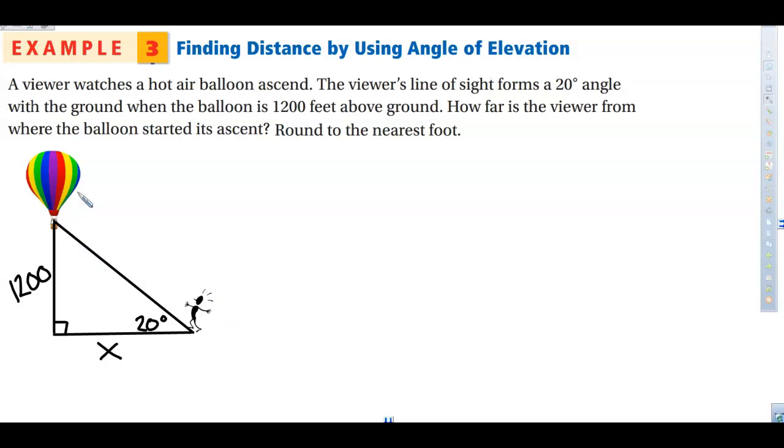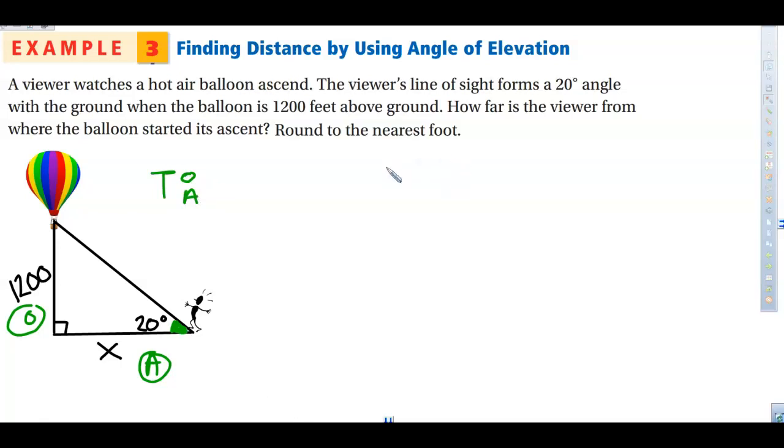All right. So from here, again, we're going to treat this just like the triangles that we've been doing. We're going to color in our angle. All right, X is my adjacent side, 1,200 is my opposite side, so again, we're using our tangent function.